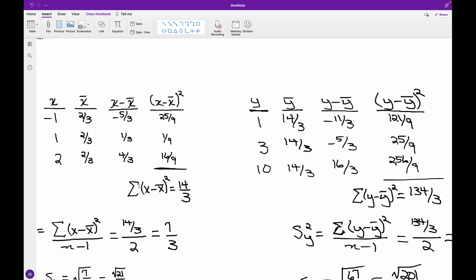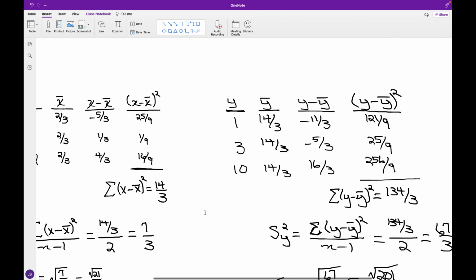Now, if I take the sum of these values, I come out to 42 ninths, and so we had the reduction down to 14/3. Now for y, again, you had the y values at 1, 3, and 10, and the mean y value, which we just attained at 14/3, we're going to be taking away from each of the y values.